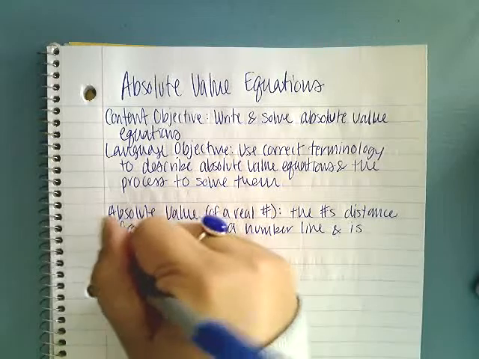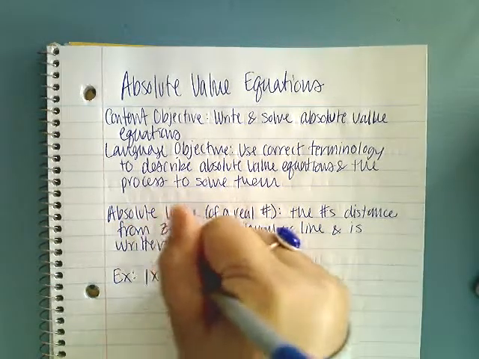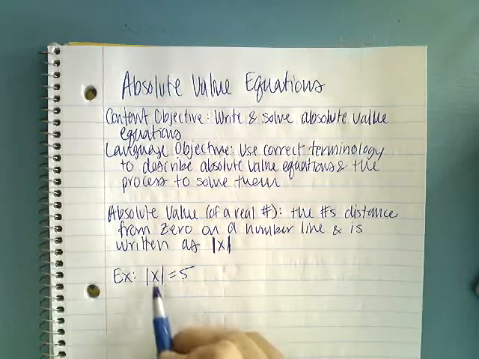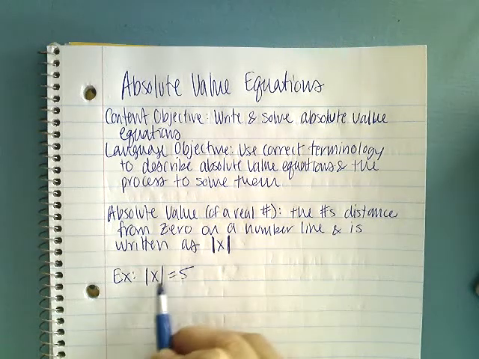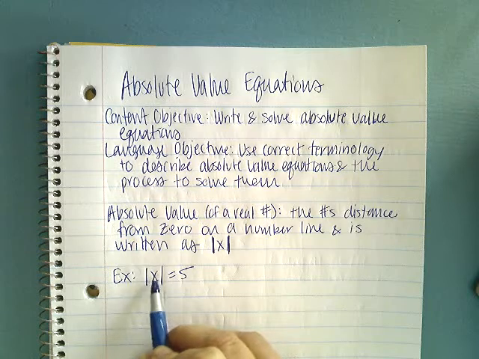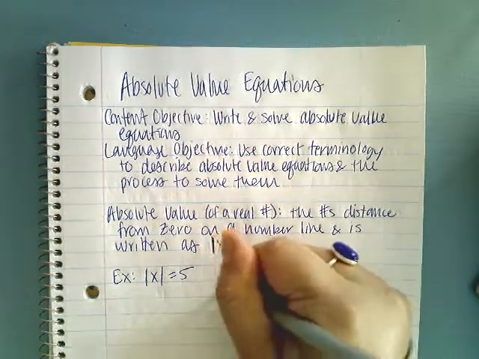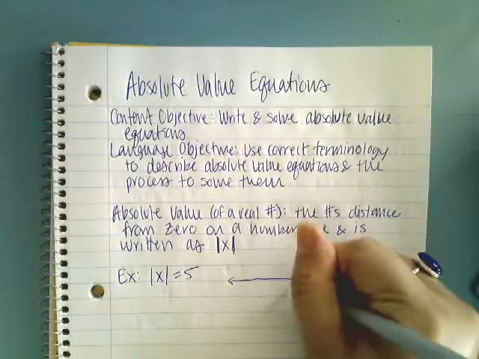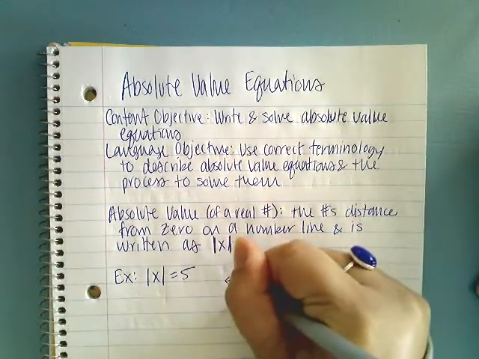So with this, a quick example of what this could mean, if we had the absolute value of x is equal to 5, that means we know the distance of this value to 0 is going to be 5 units. And there's two ways that this can be true. So if we have a number line here, put 0 in the middle, 1, 2, 3, 4, 5.